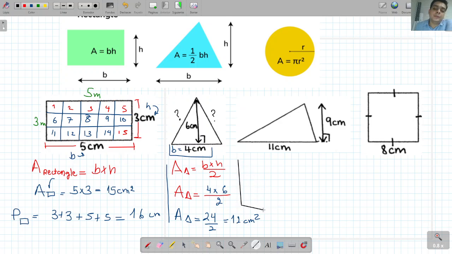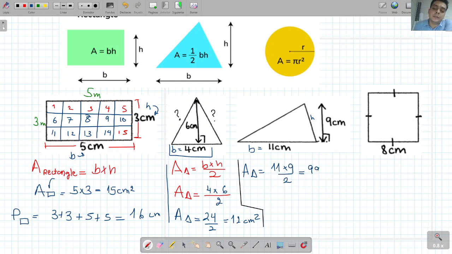Alright, now for the next one, we got another triangle, and maybe you realize how fast we can go. It will be the same situation. We got the base, we got the height. The area of the triangle is just base 11 times height 9 divided by 2.